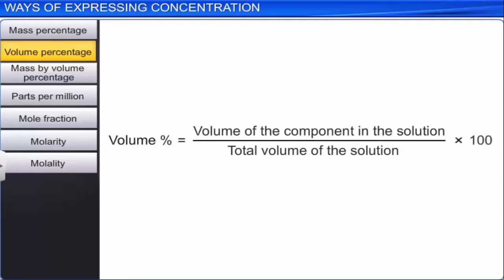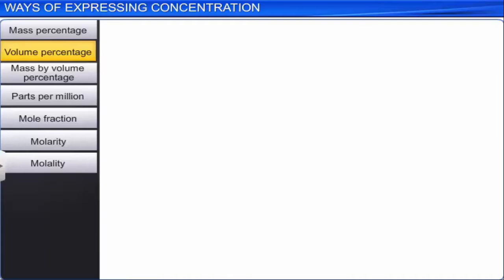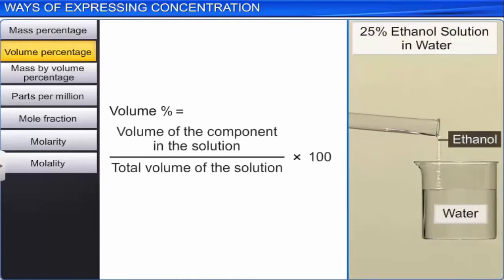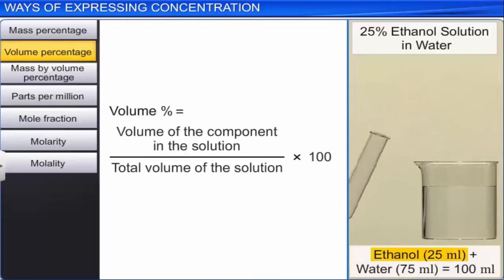The concentration of solutions, where both the solute and the solvent are liquids, is commonly expressed using this method. For example, 25% ethanol solution in water means 25 milliliters of ethanol is dissolved in 75 milliliters of water, such that the total volume of the solution is 100 ml.